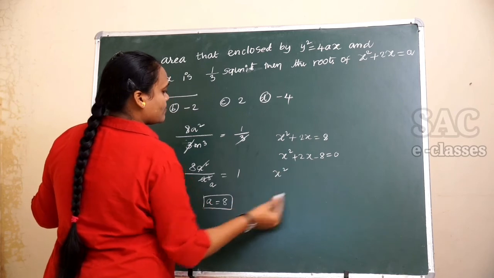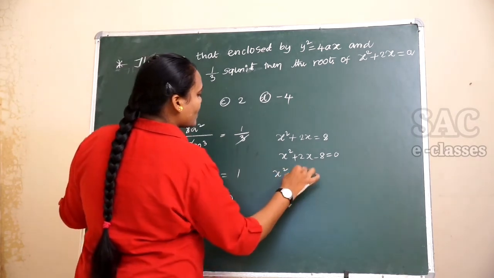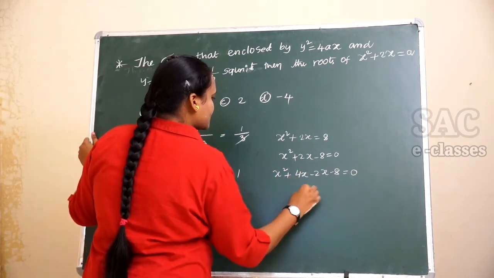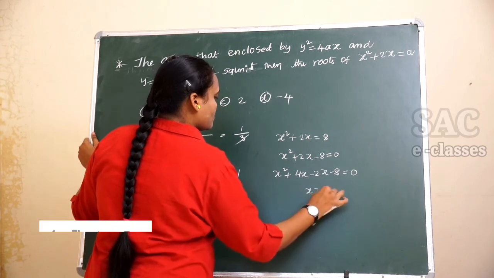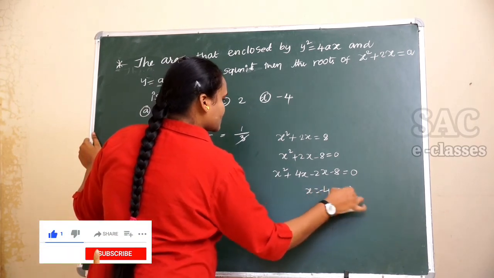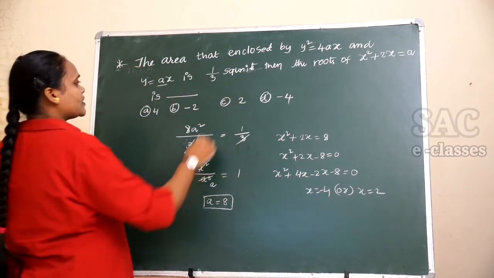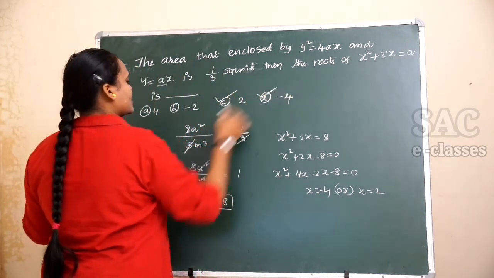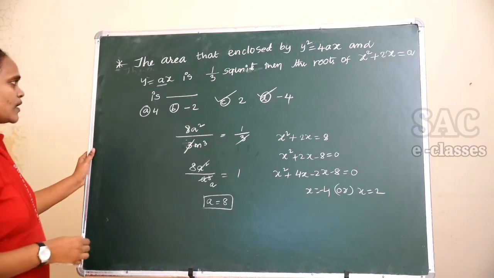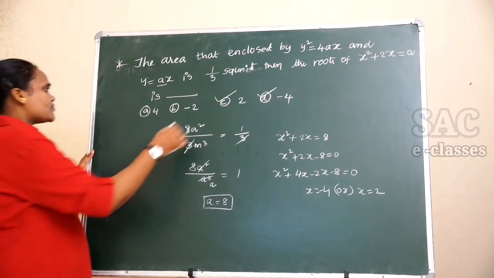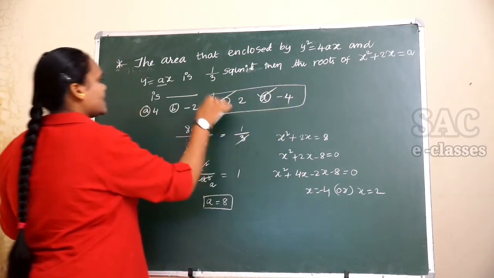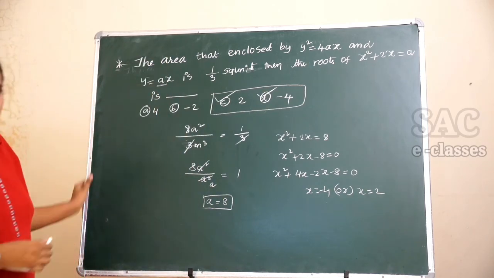By factorizing you can find the values: x is either minus 4 or x is 2. Then options C and D. This is the more-than-one-answer type of problem, so options C and D are the correct possibilities.